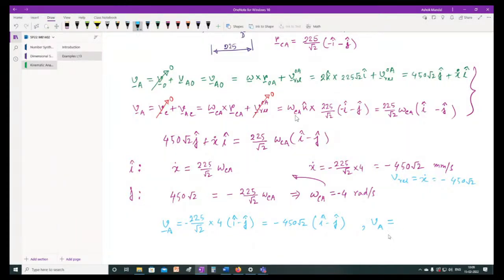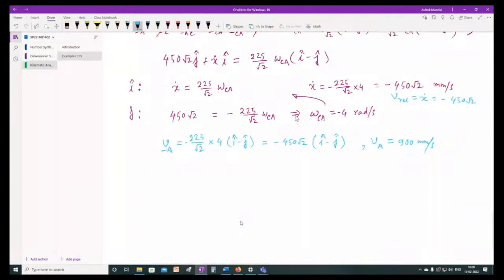When we say velocity, it is the absolute value we are taking, right? And now what you do, this minus sign will not be there. You have to use this square plus this square. So all the minus signs will not be there. You have just this 900 millimeter per second. Okay.